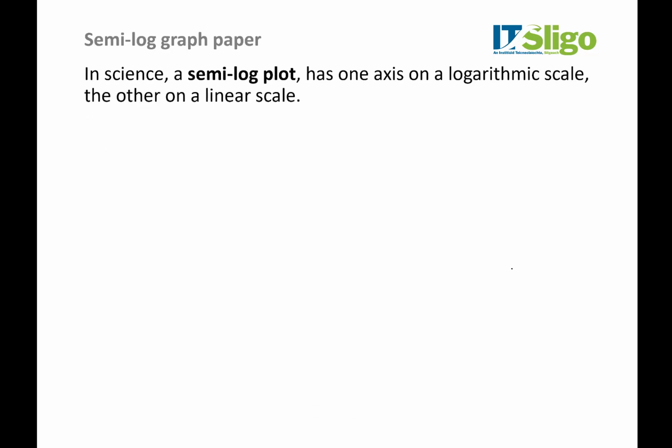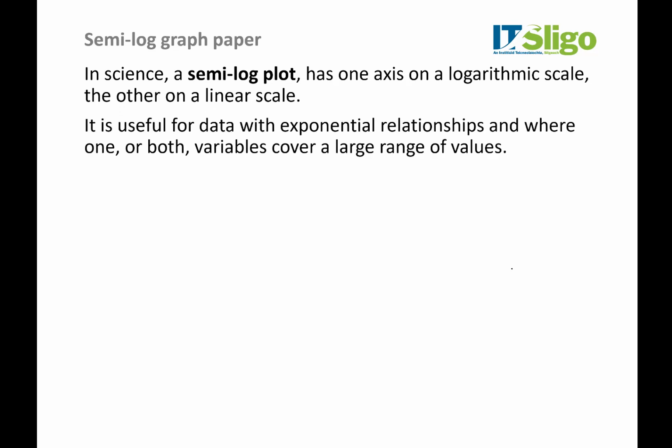First method, using a semi-log graph. Most of you won't have seen a semi-log plot before. One axis is logarithmic and the other axis is linear. It's used quite a lot where we suspect data has an exponential relationship and we want to prove it, or if we know it has an exponential relationship, or generally if one or more of the variables cover a large range of values.